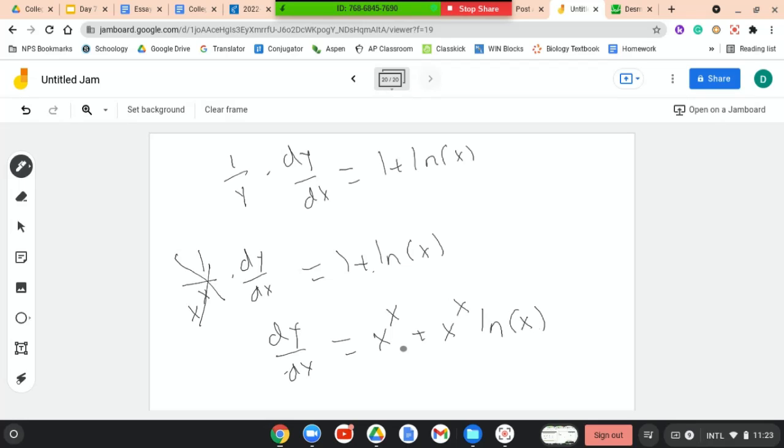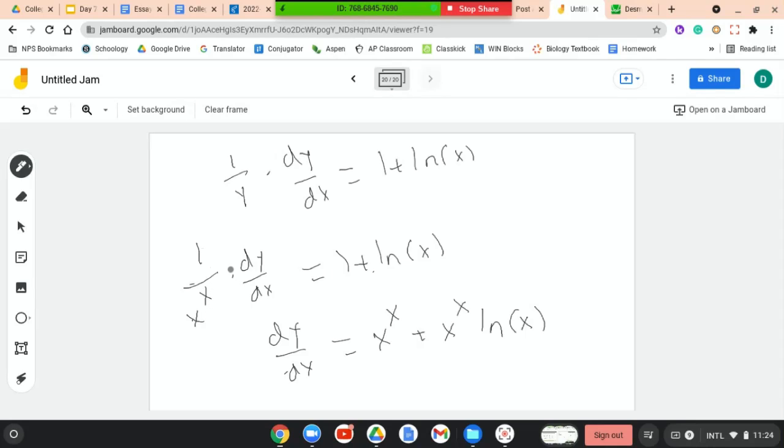Sorry, I think I missed that step. That's okay. I did multiple steps at once. So we had this equation, so you agree with the one in the middle, right? I multiplied both sides by x to the x. When I multiply this side by x to the x, this just becomes 1.